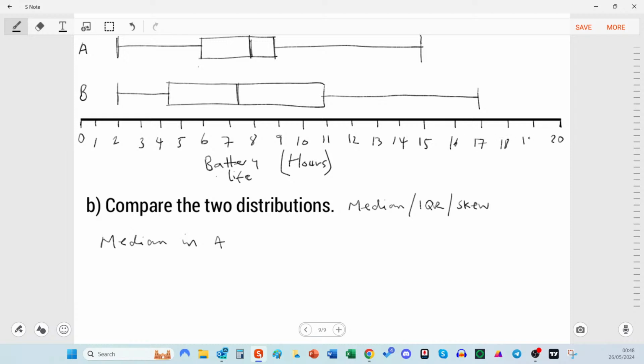I'll just do them all. Why not? The median in A, which is 8, put in brackets, is more than B, which is 7.5, but not by a lot.